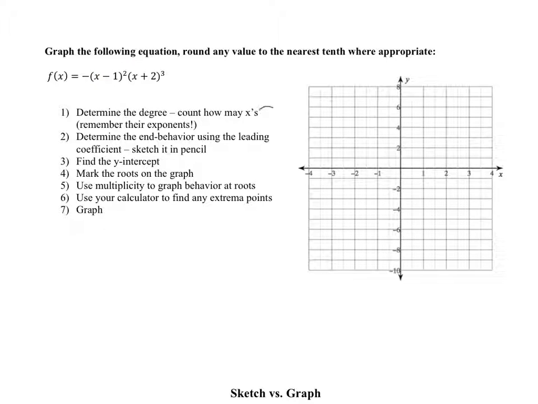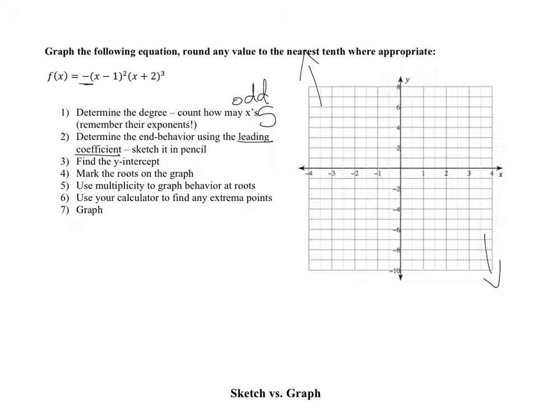So the degree is 5, an odd degree. What's the leading coefficient? Whatever's out in front, that's the leading coefficient, and here it is negative. An odd degree with a negative leading coefficient means it's going down the whole graph.